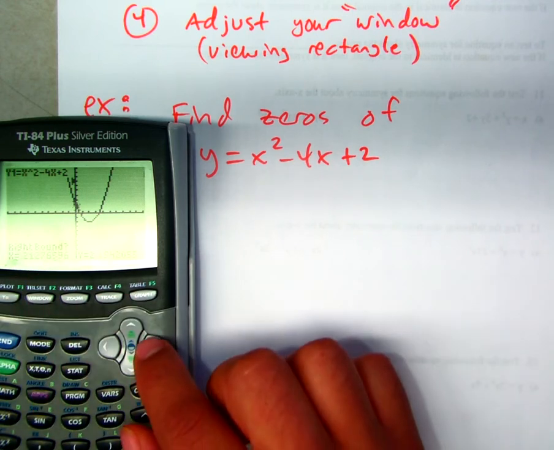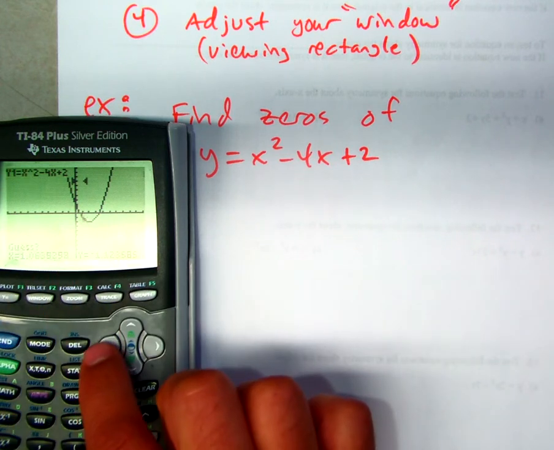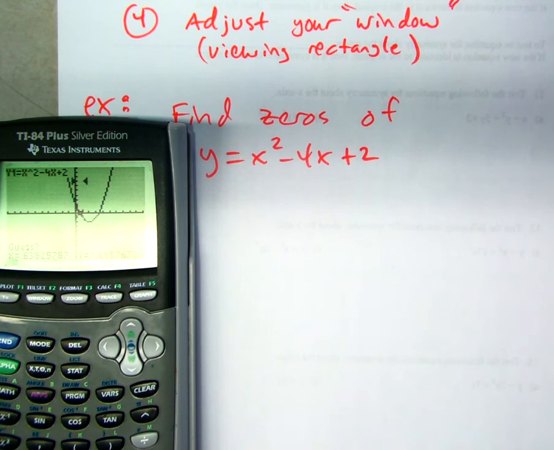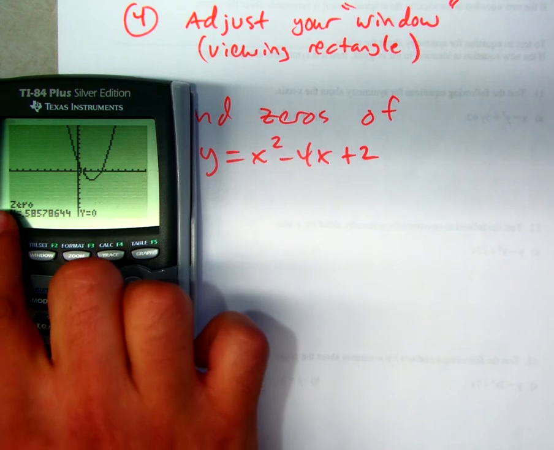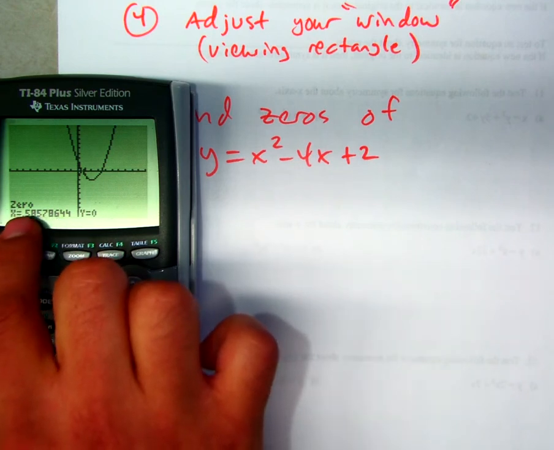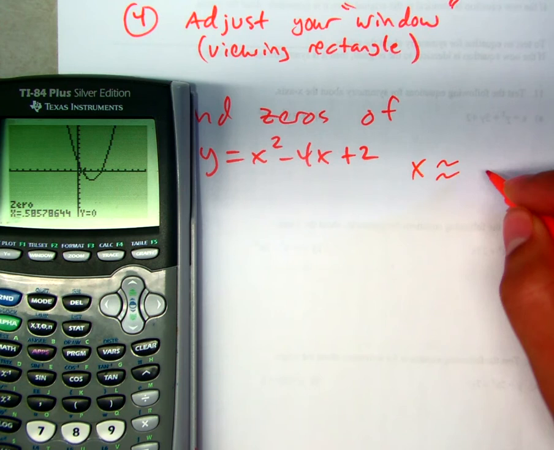So if I arrow over to the right, that seems far enough. Hit enter. And then now for the guess, I usually just put it pretty close to the x-intercept and hit enter a third time. And then it says right here, the 0, or the x-intercept, is about, let's write this down, 0.586.